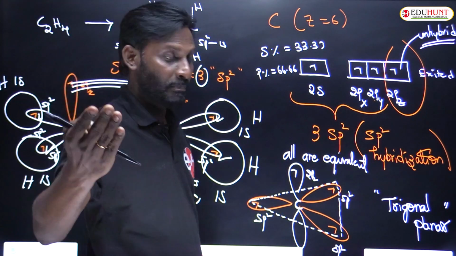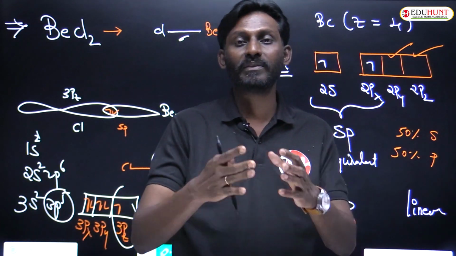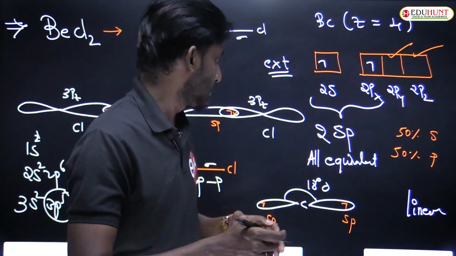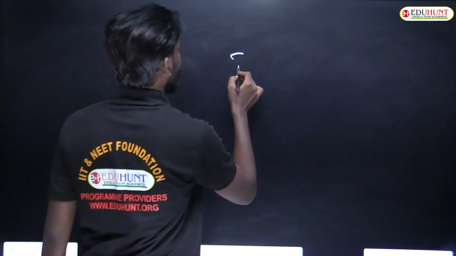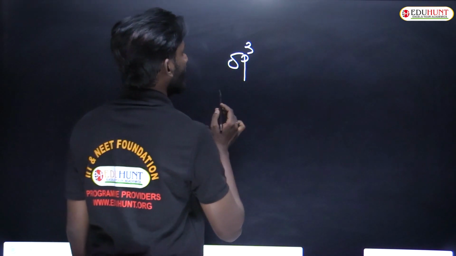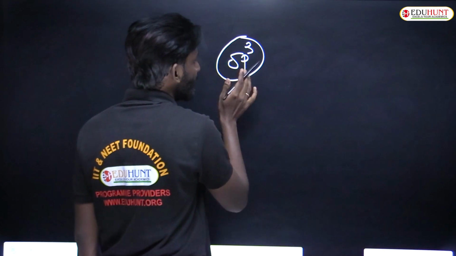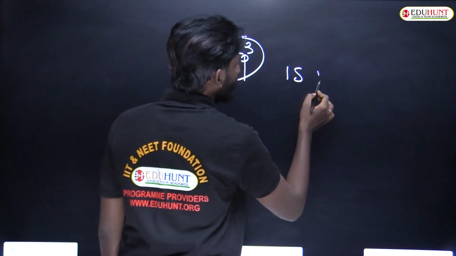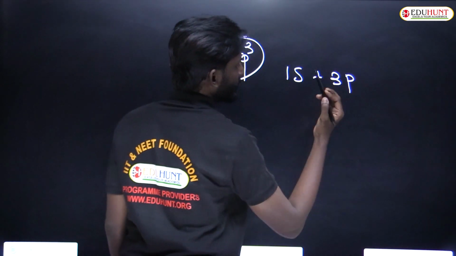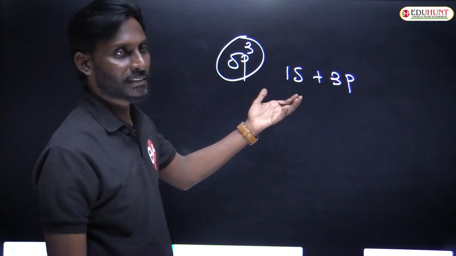And in the case of sp3 hybridization, if the hybridization is sp3, there are 4 orbitals. This one sp3 hybrid orbital is formed by intermixing one s orbital plus 3 p orbitals. Okay. Then how to calculate the percentage?